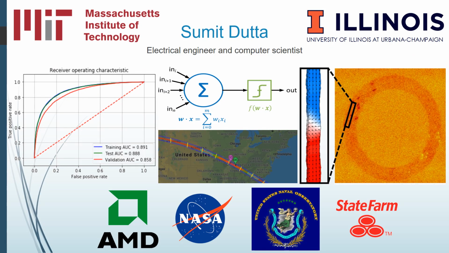To tell you a little bit more about myself, my background is in electrical engineering and computer science. I have a PhD from MIT and a bachelor's degree from the University of Illinois Champaign. I was most recently in the semiconductor industry at AMD, where I improved the manufacturing efficiency and yields by implementing machine learning models in production.